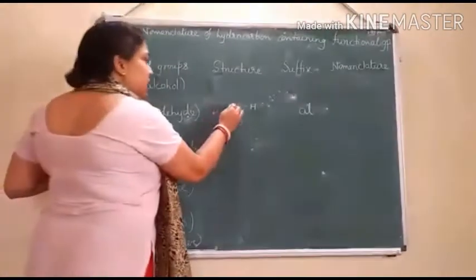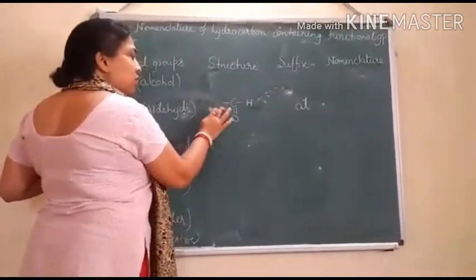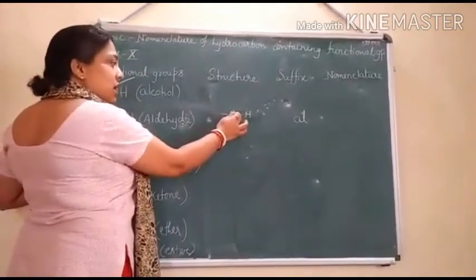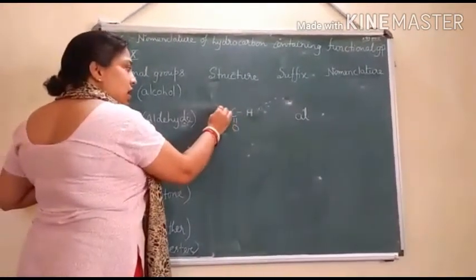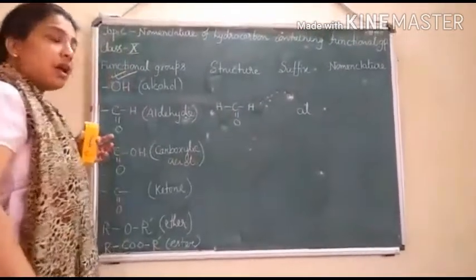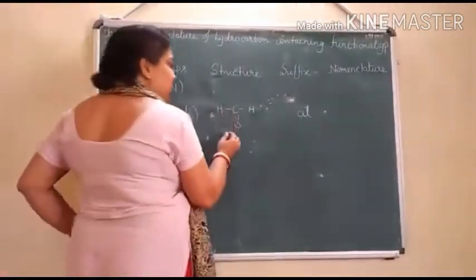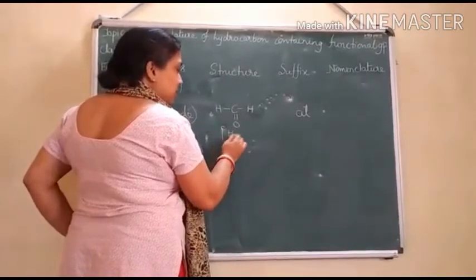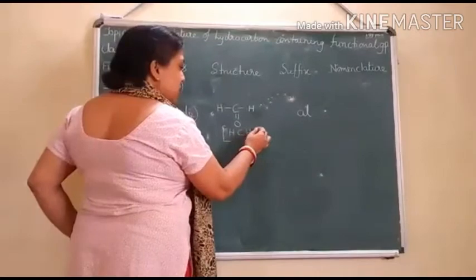We cannot write a C here because then it will be 2 carbon. So we have to satisfy the bonds: 1, 2, 3, 4, and this will be only hydrogen. So what will be the formula for this? The formula for this is HCHO.